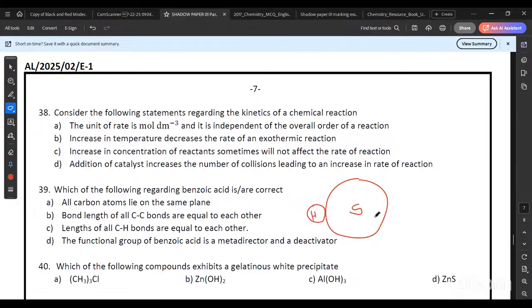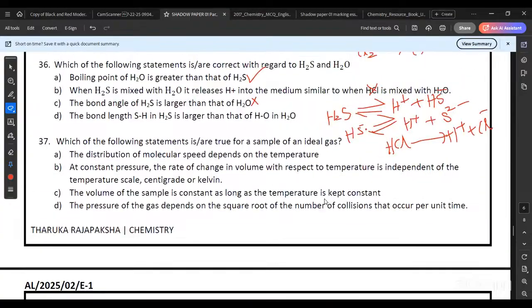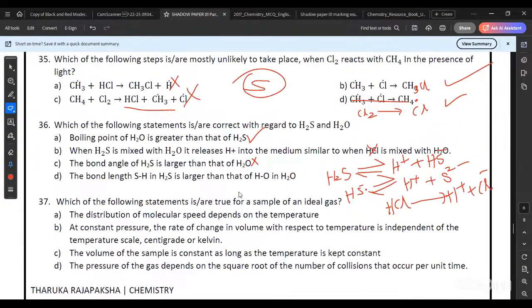This is sulfur. And this is oxygen. This is oxygen and this is hydrogen. So the radius of oxygen is smaller than that of sulfur, because sulfur is a big atom and oxygen is a small atom. So when you're considering like that, the H-S bond is longer. That is correct. It's answer number 4.